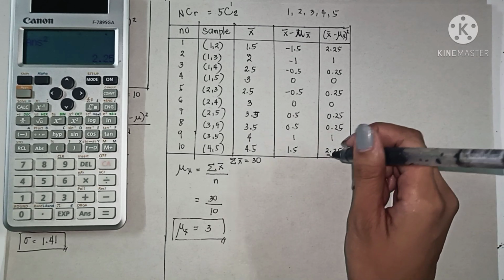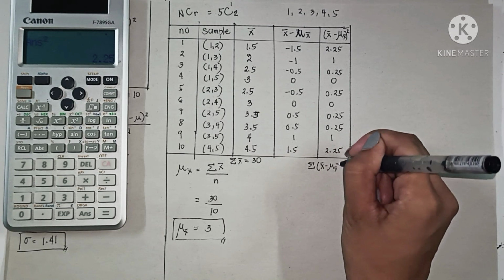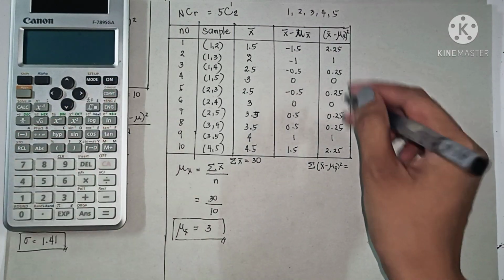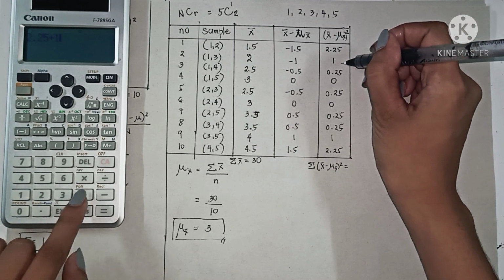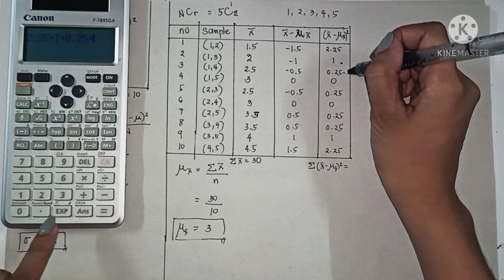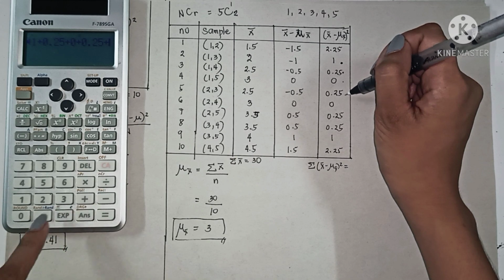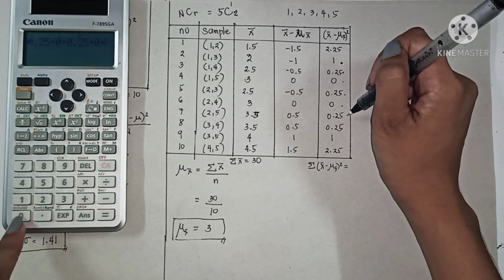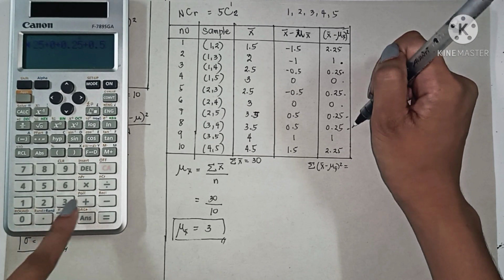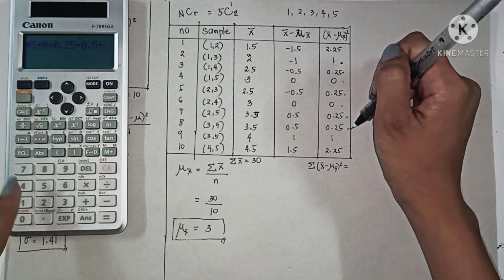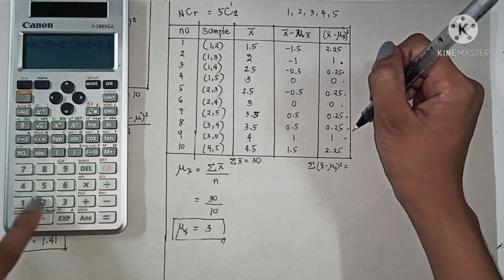And after that, kunin ang summation ng last column, kunin yung summation ni x bar minus mu sub x bar squared is equal to, add lang po natin lahat, 2.25 plus 1, plus 0.25 plus 0 plus 0.25 plus 0 plus 0.25 plus 0.25 plus 1, 0.25 plus 1 plus 2.25.